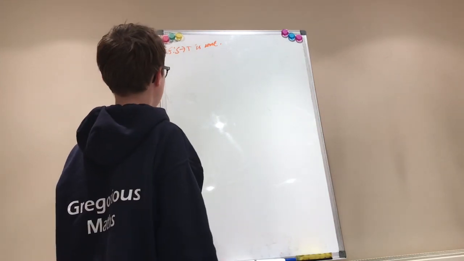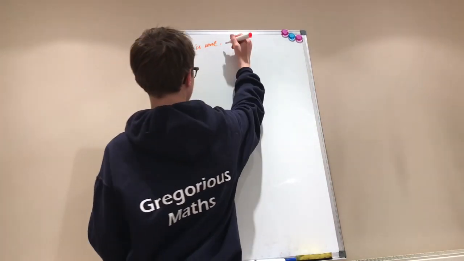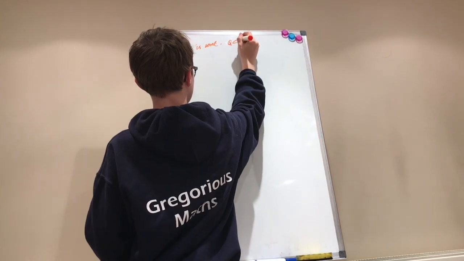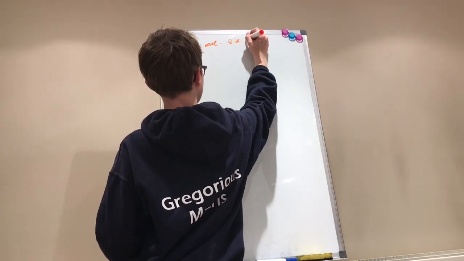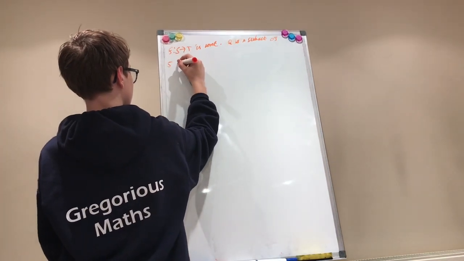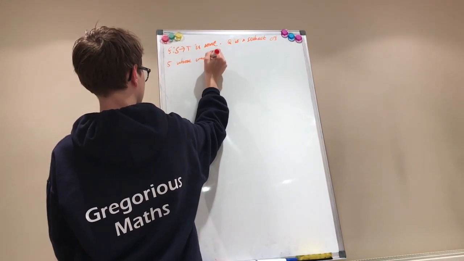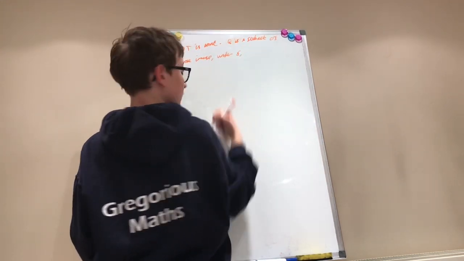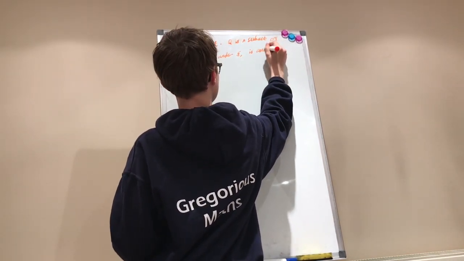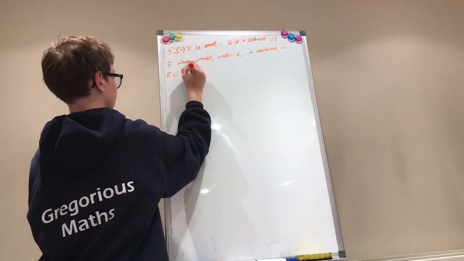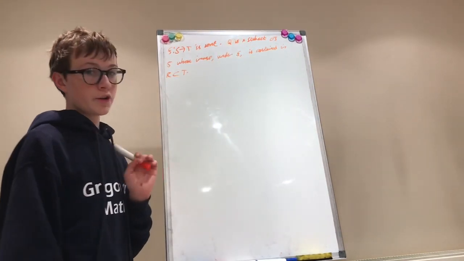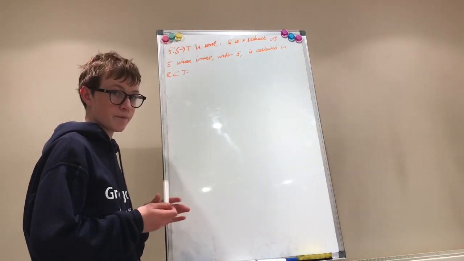Now, if we're given some Q, a subset of S, whose image under f is contained in R, a subset of T.